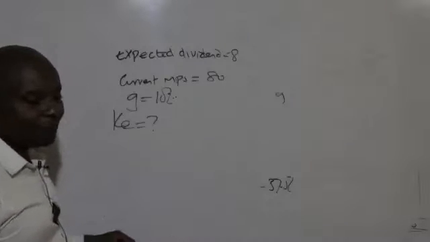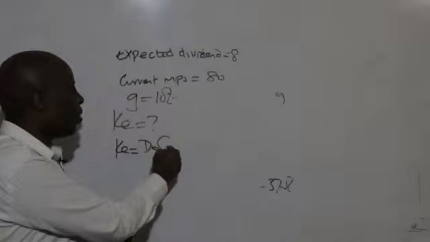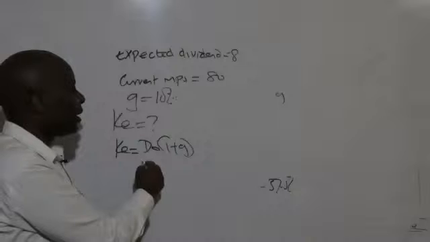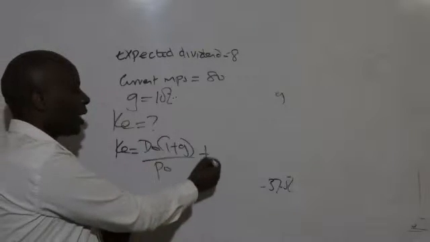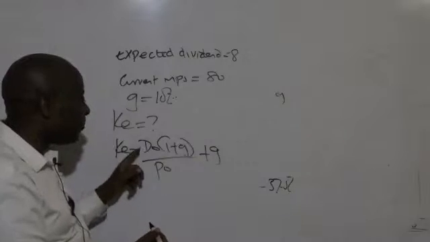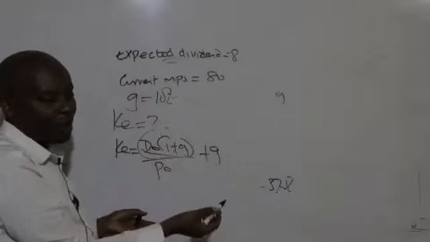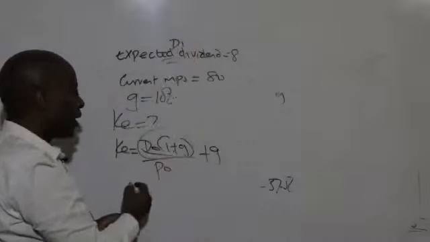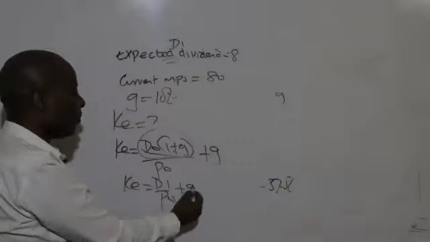Here, I'll write my cost of equity formula: D0 into (1 plus g) all over P0. After I do that, I'll remember that the examiner has used the language of expected dividend. So this is supposed to be D1, meaning that my Ke is supposed to be D1 over P0 plus g.